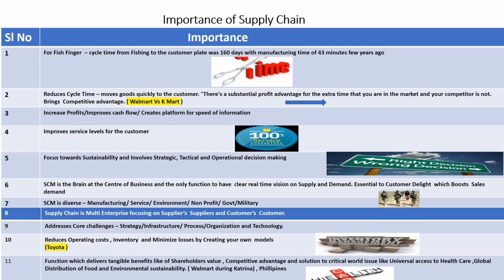This is a function which delivers benefits like shareholder value and gives competitive advantage and solutions to many critical world issues like universal access to healthcare, global distribution of food, and environmental sustainability. Like you might have read about Hurricane Katrina and what Walmart did during that time. This is a story which is fantastic. It was a disaster at that time, and the entire city was short of water.